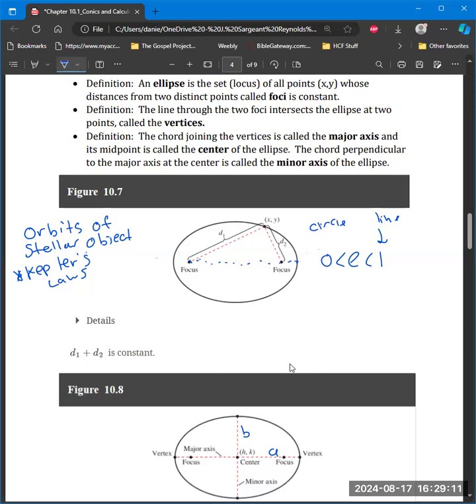I keep my pencil tight as I would keep my string tight with my pencil, and I'd pull, and as this side was getting shorter, this side would be getting longer, so that these distances would add together and stay constant. This distance plus this distance here to that point would always stay a constant.